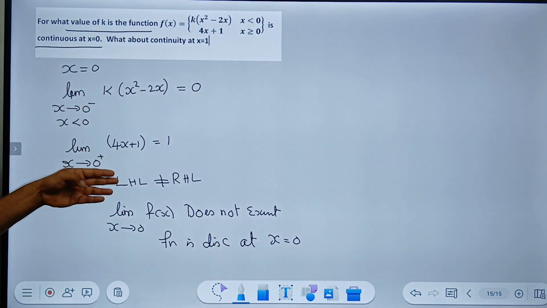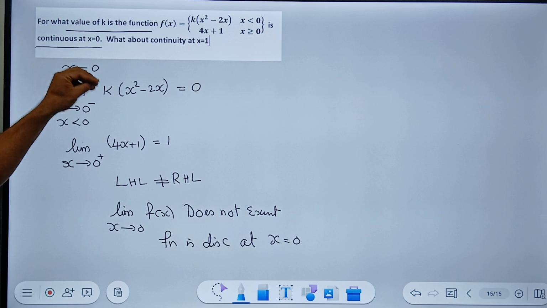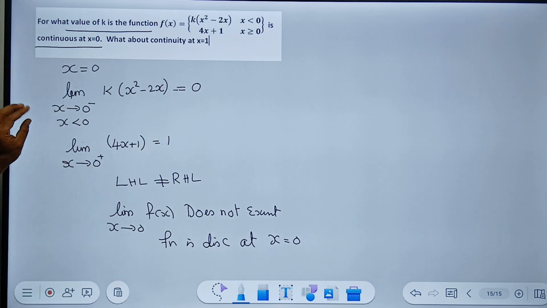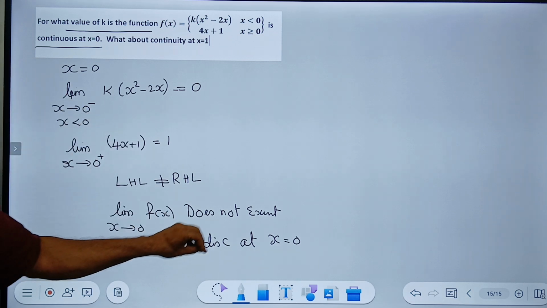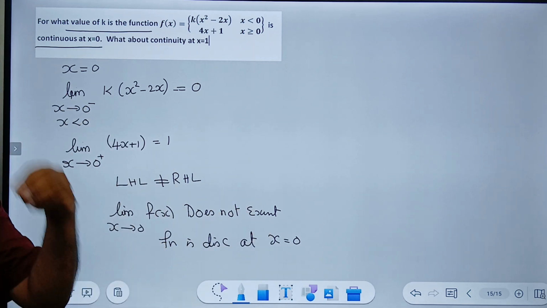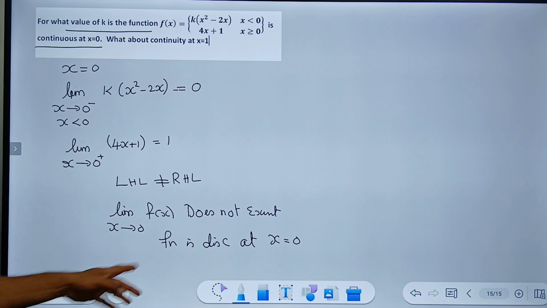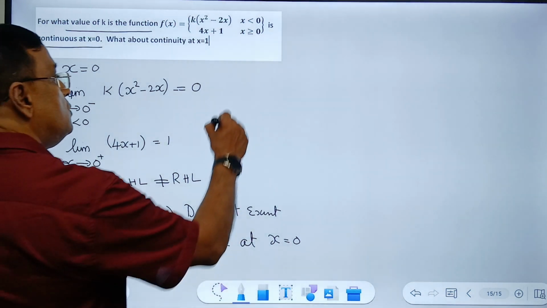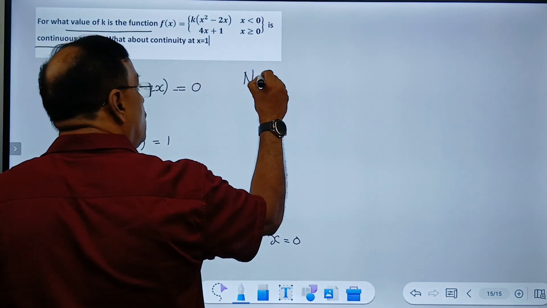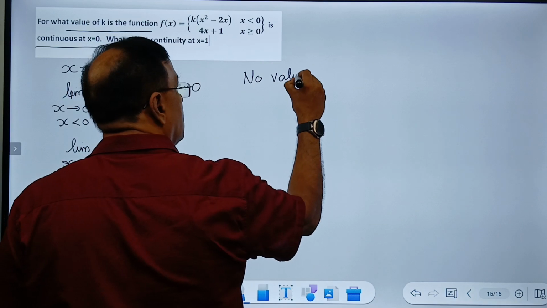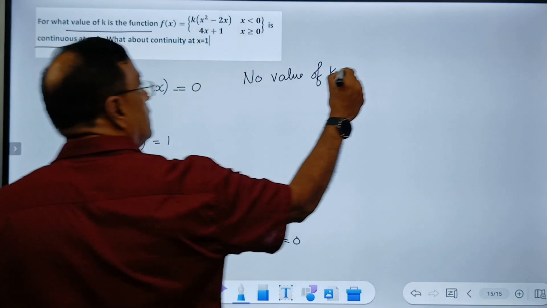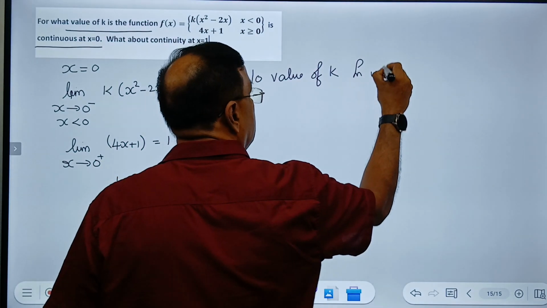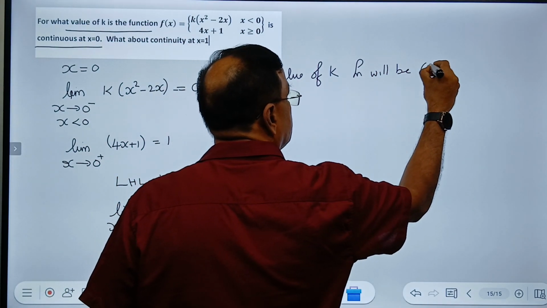You can see, you put any value of k, your LHL is going to be 0 and your RHL is going to be 1, limit will not exist, the function will be discontinuous. For any value of k, the function will be discontinuous. So we can say for no value of k will the function be continuous.